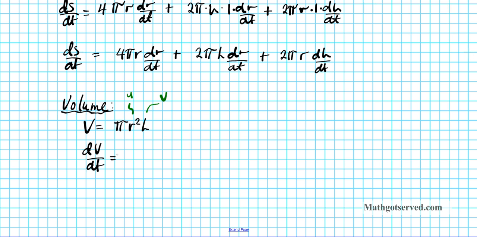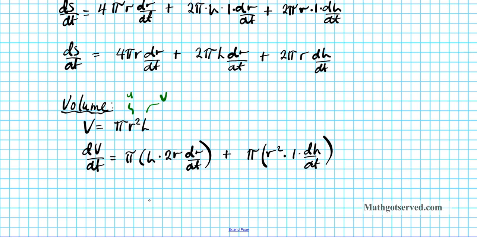So we're going to have pi, times v, which is h, times u prime, which is 2r dr/dt, plus, let's keep the pi there, pi times u, which is r squared, times the derivative of h, which is 1, dh/dt, like that.